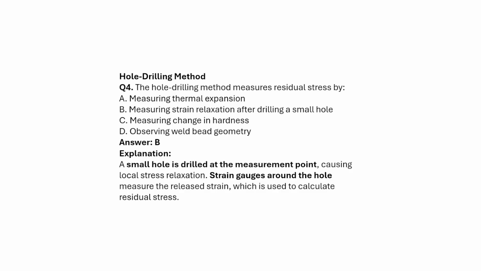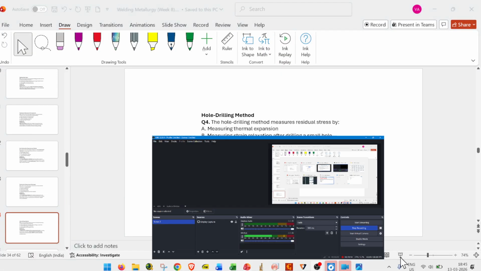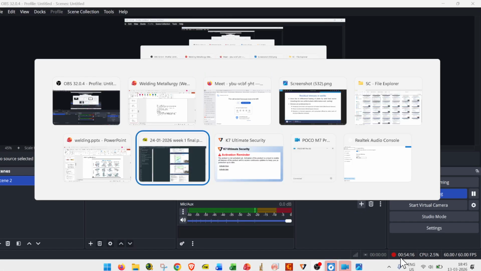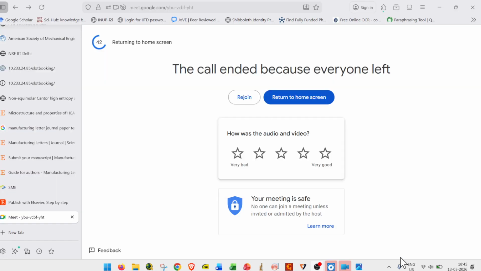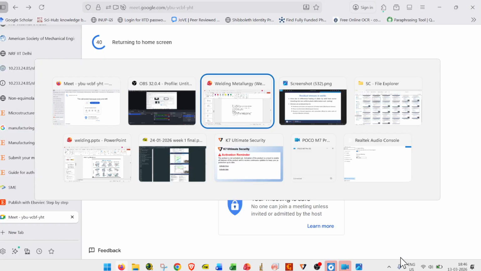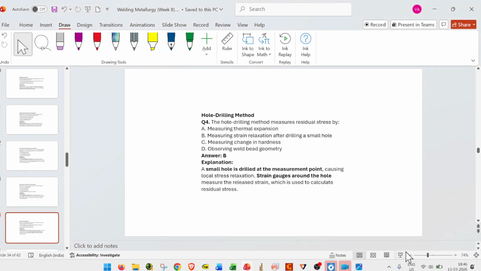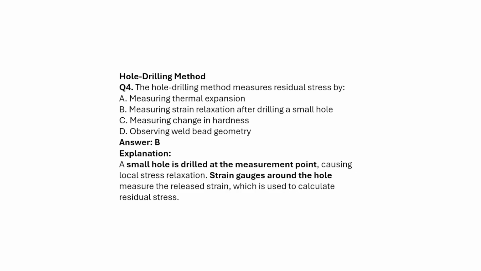Okay. Next, the hole drilling method measures the residual stresses by: measuring the thermal expansion, measuring the strain relaxation after drilling a small hole, measuring the change in the hardness, or observing the weld bead geometry.